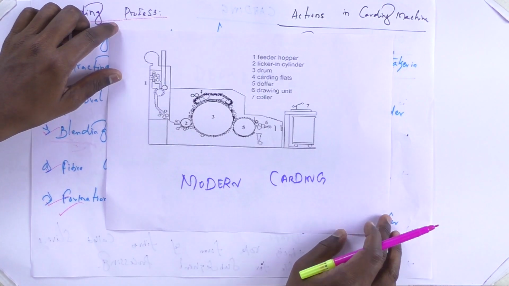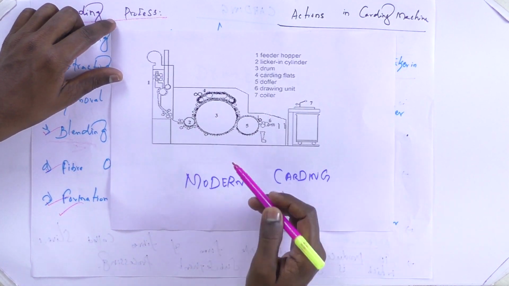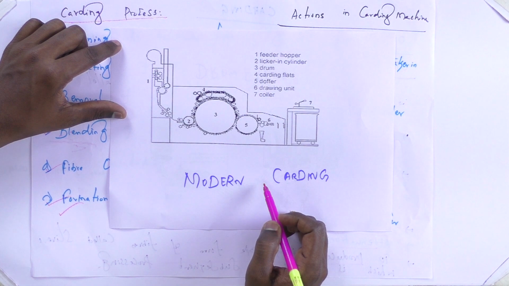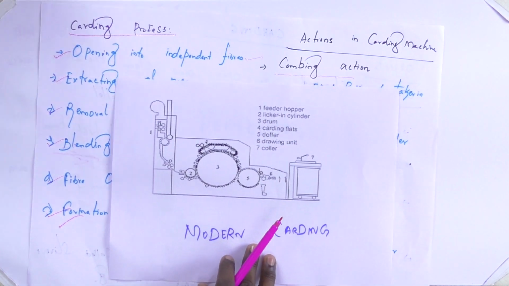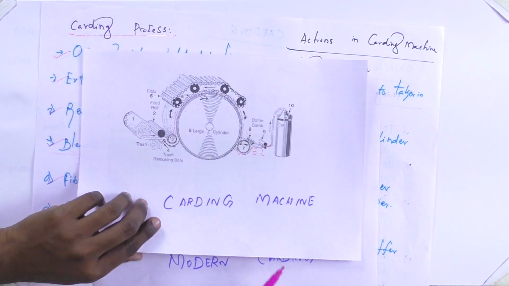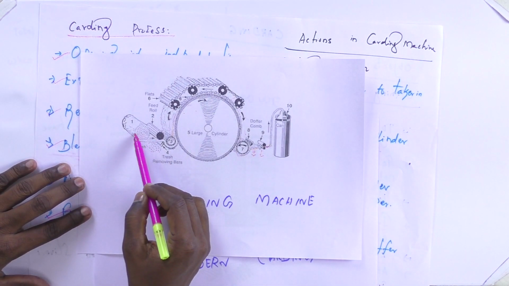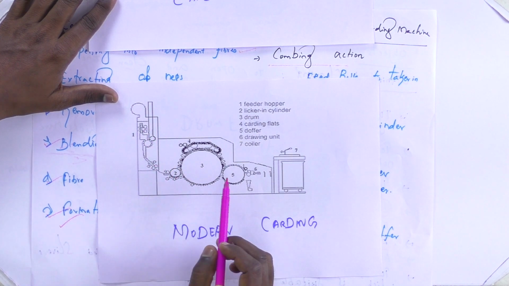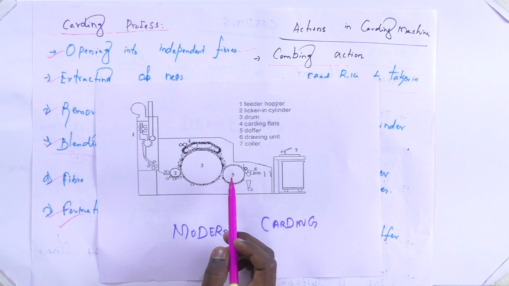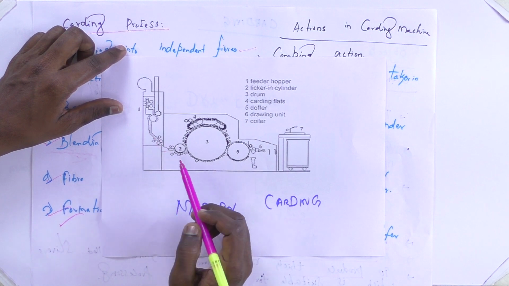So this diagram explains the working principle of the modern carding machine. Comparing the previous diagram and this diagram, in the previous one the input is lap, but in this diagram we directly pass the fibers as the input material for the carding machine.